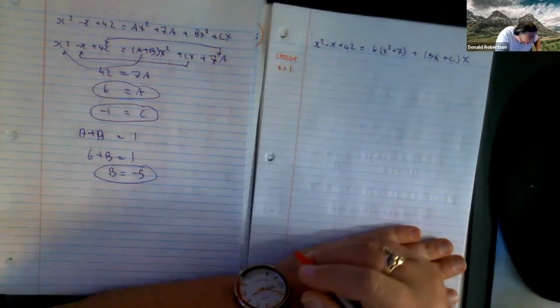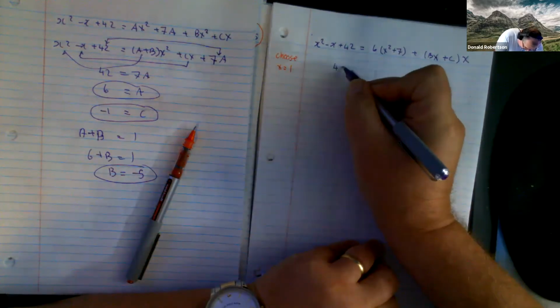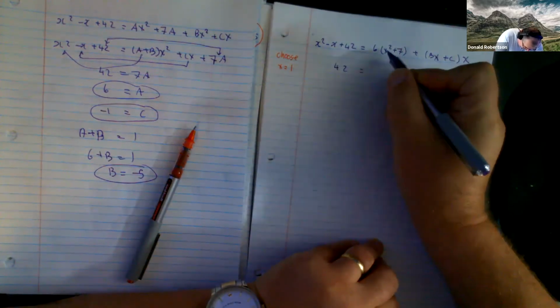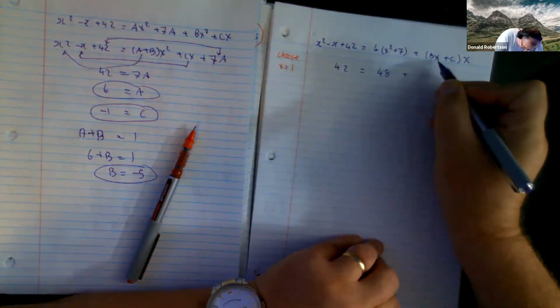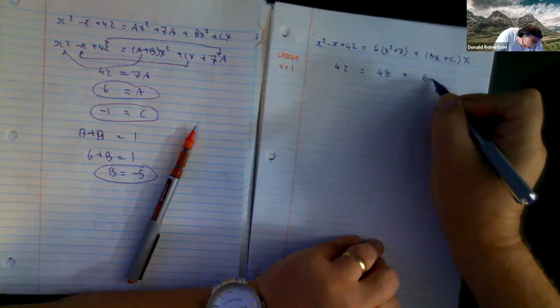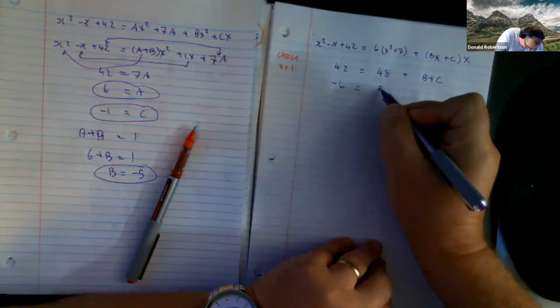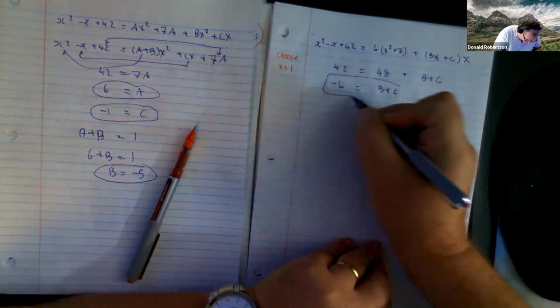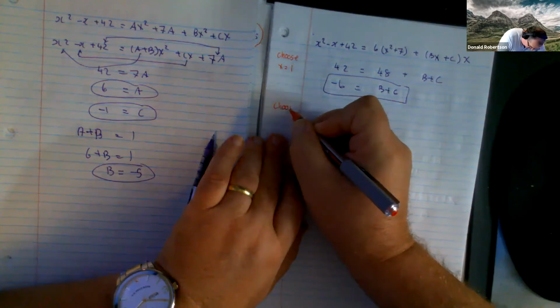I'll choose x equals 1. So you get 42 is equal to 8 sixes, 48. And if you choose 1, you get b add c. And so you get b add c equals -6. And then I choose basically anything I like.